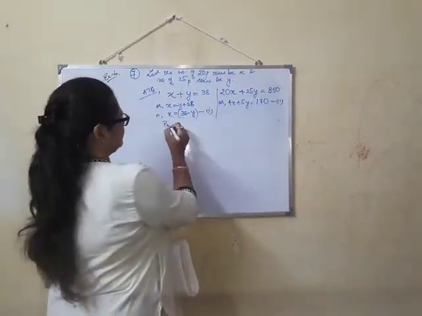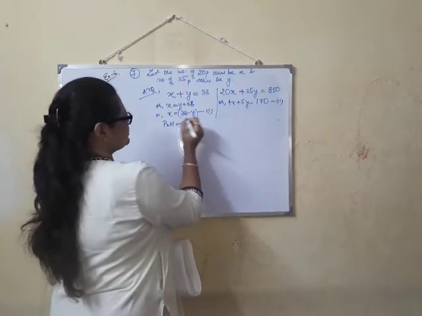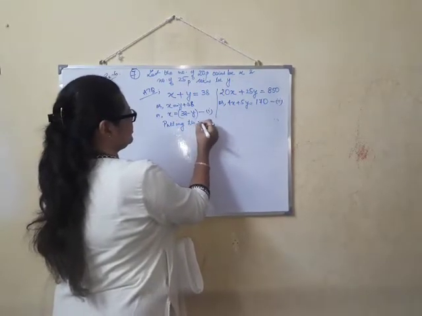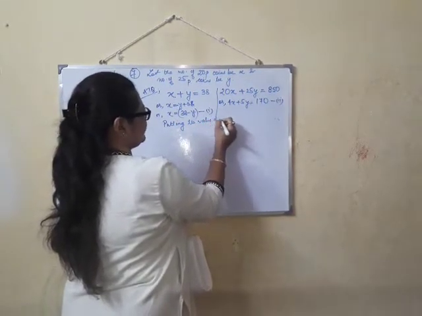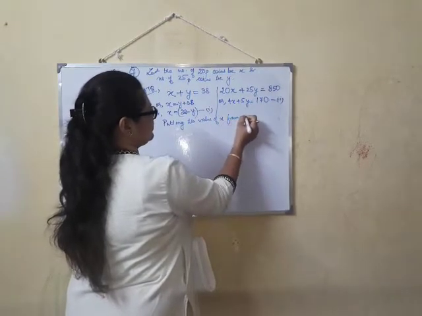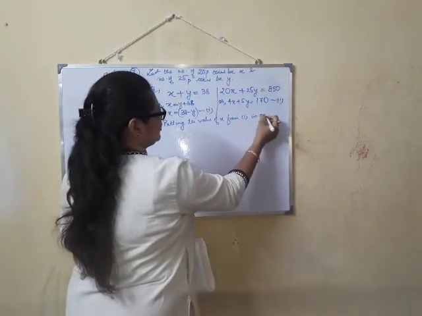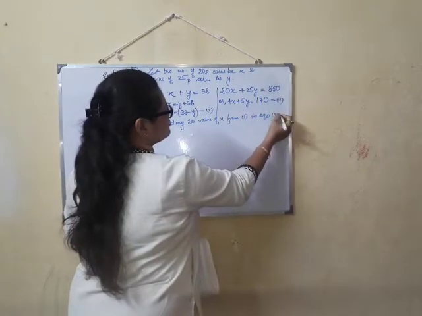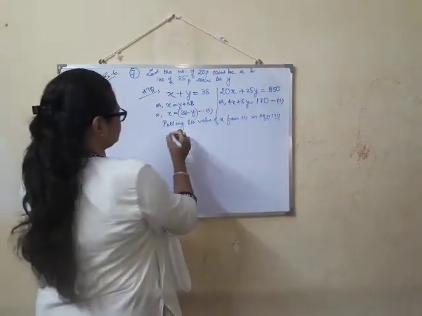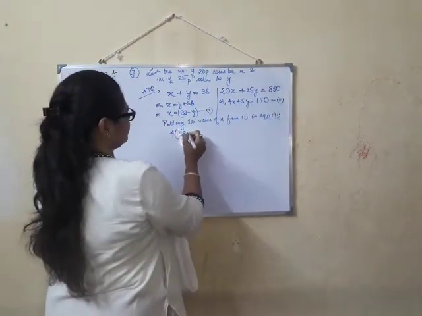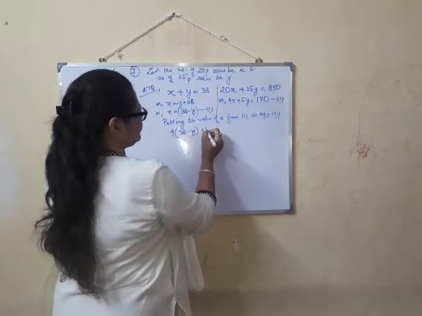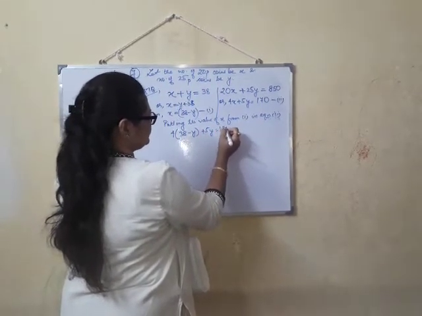Now, I am using substitution method, putting the value of x from 1 in equation 2. So 4 into (38 minus y) plus 5y is equal to 170.